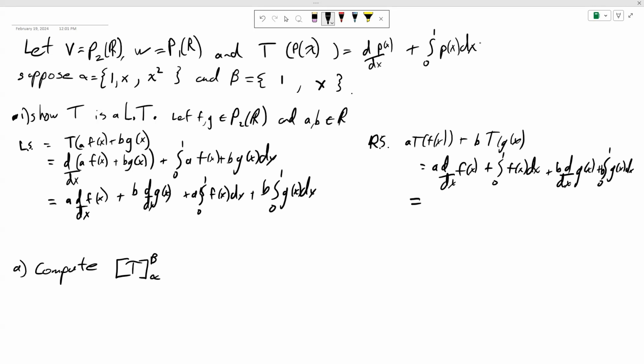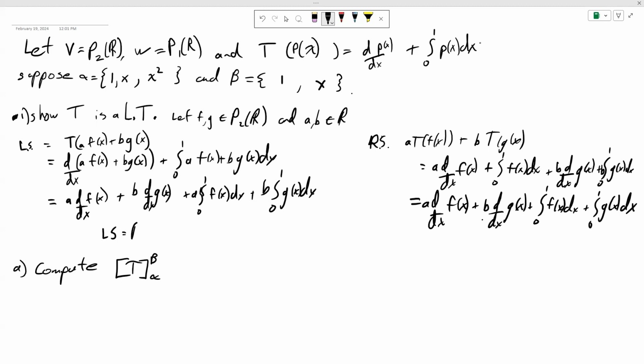And rearranging, we get A times d by dx f of x plus the integral from 0 to 1 of f of x dx, plus B times d by dx g of x plus the integral from 0 to 1 of g of x dx. And now we have shown that the left side equals the right side. Therefore, T is a linear transformation.